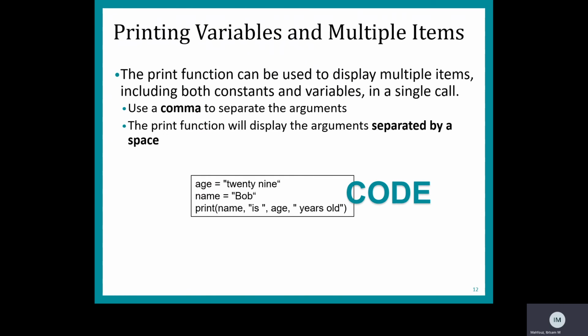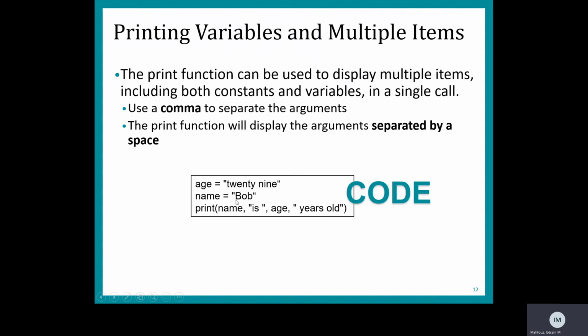Now, the next thing we want to do, we learned how to print a variable and print a constant value. What if I want to print a mix and match of them? Well, we can do that. The print method takes multiple arguments. So inside the parentheses, I can give it multiple arguments, and I just have to put commas between them. So here I have age, 29, and I have a name, Bob, and what I want to print is, the name is something years old.